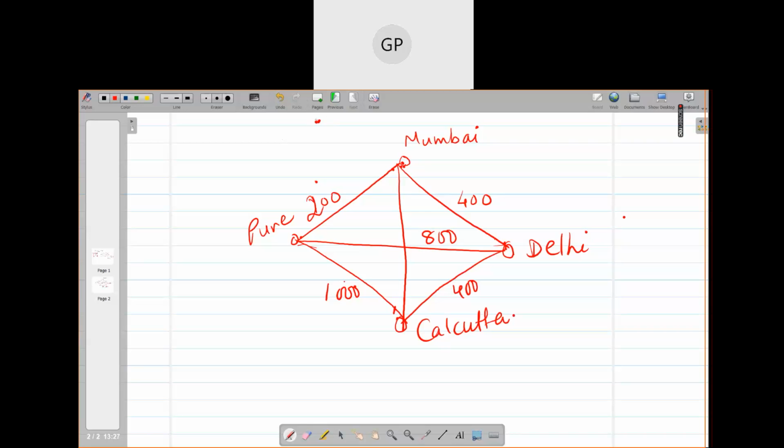Then we will do the matrix method also, but that is not necessary as such. Let me draw the graph. Yes, draw this graph with me.